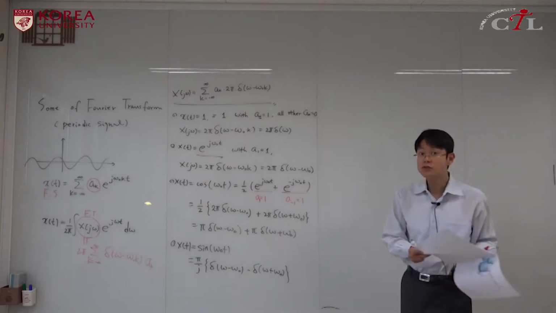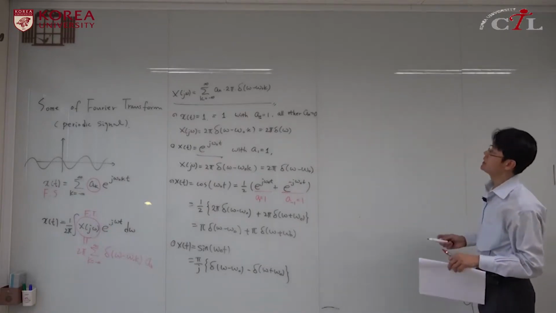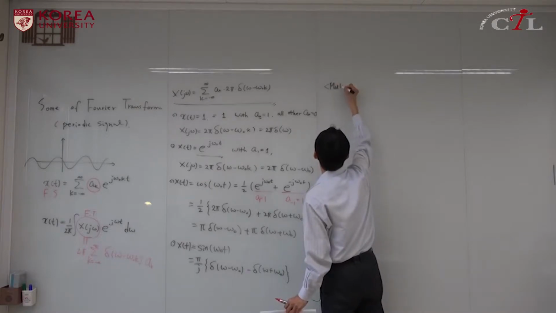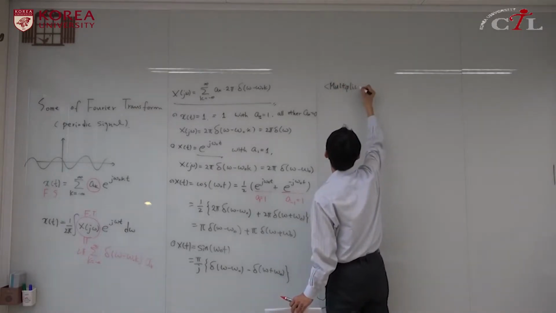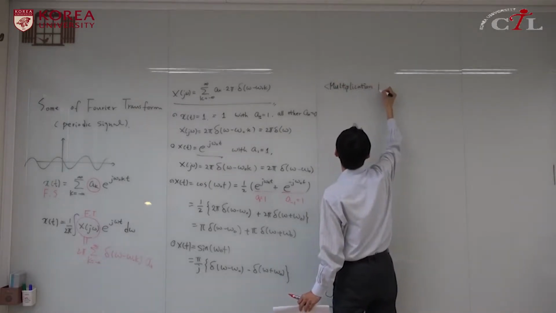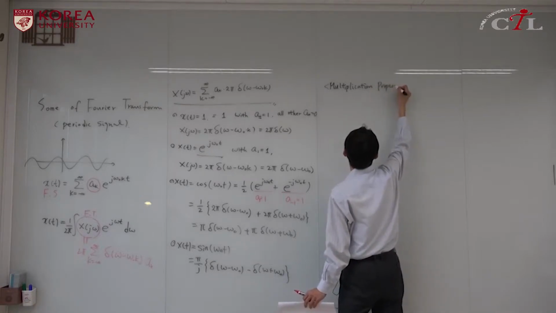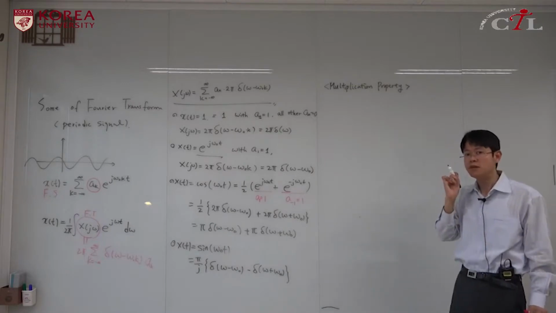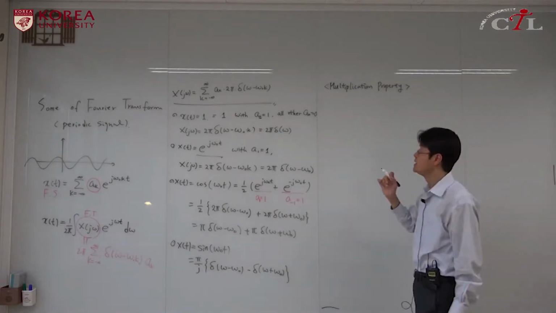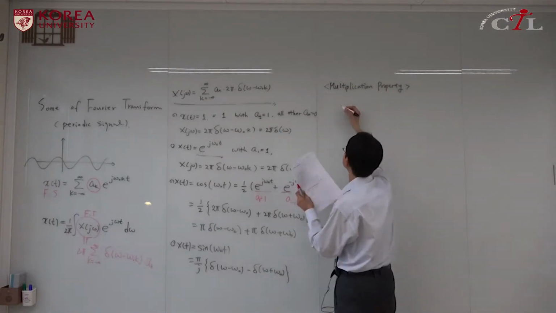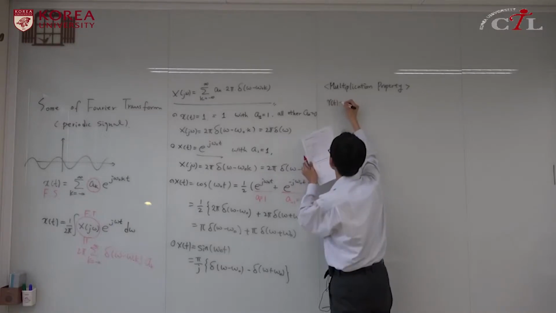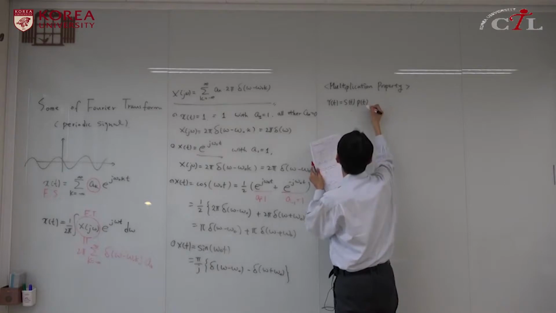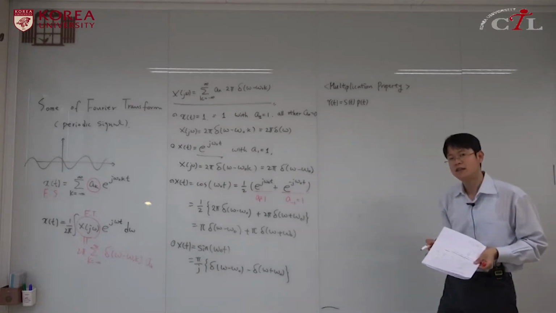Now let's go to the final topic. It's multiplication property. It means multiplication of time signals. r(t) is multiplication of two different time signals.